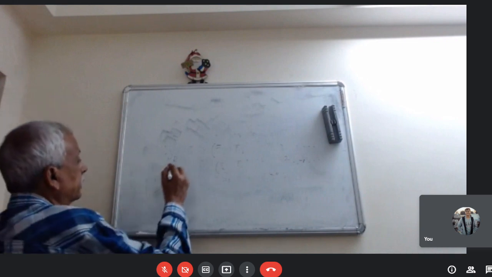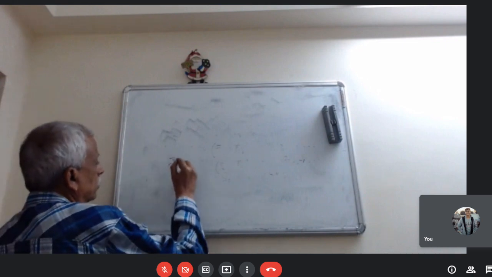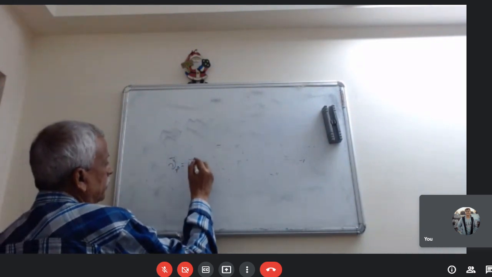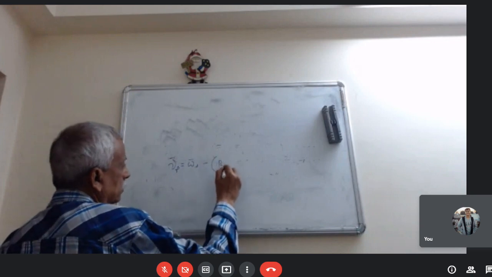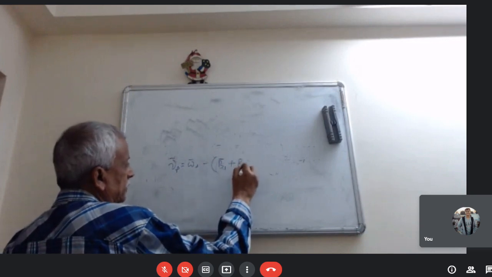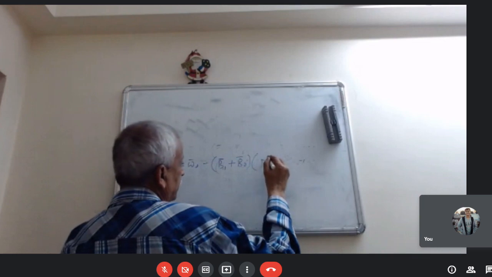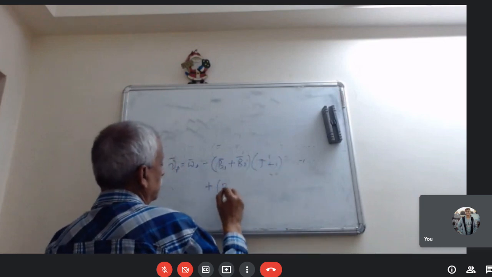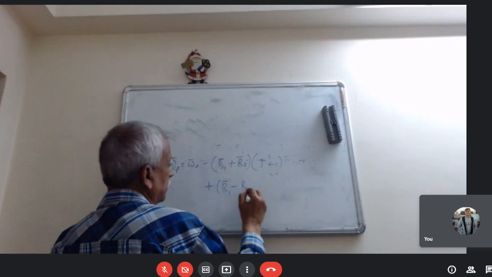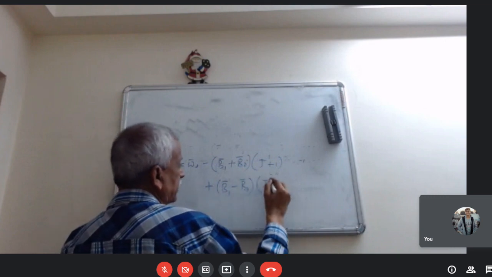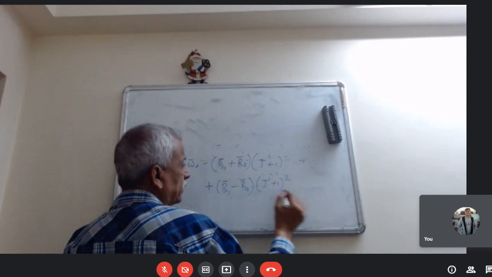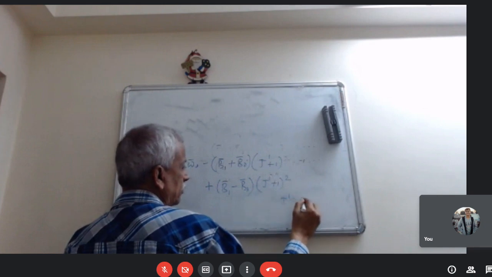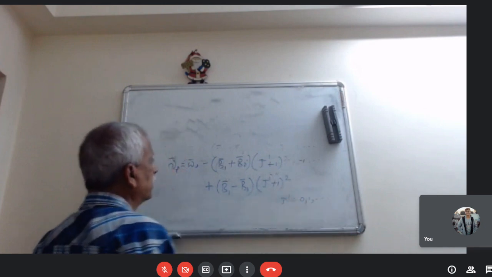It should be like this: nu equals omega 0 bar minus b1 bar plus b0 bar j single prime plus 1 plus b1 bar minus b0 bar j single prime plus 1 whole square, something like this, and j single prime can be 0, 1. Are you getting this?